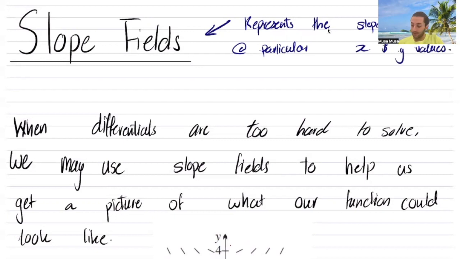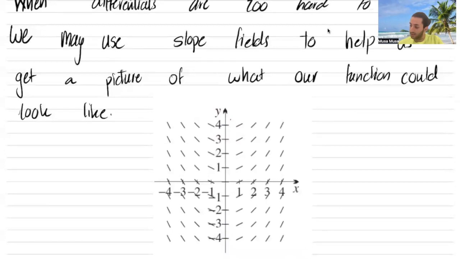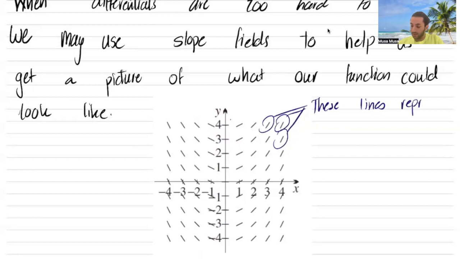Okay, so these tiny lines represent the gradients at those points.